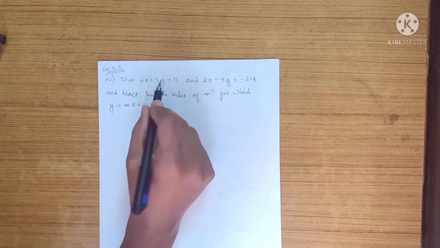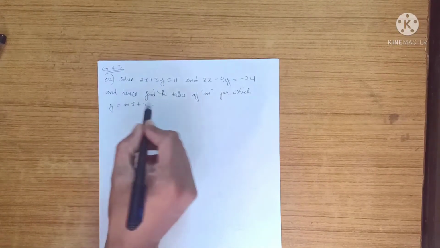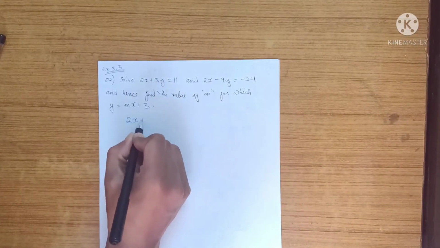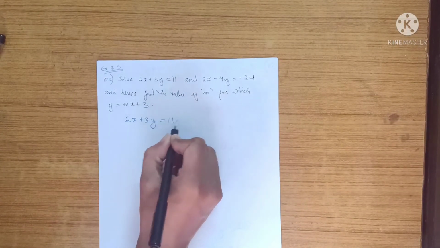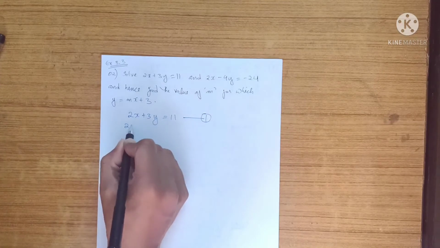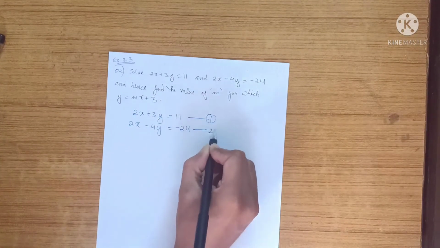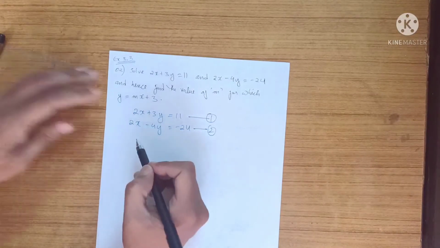Okay, so solve this and this, and hence find the value of m. So we have to solve this and this. Let's write the equations and make them equation 1 and 2. We don't have to multiply anything because x and x are already the same.